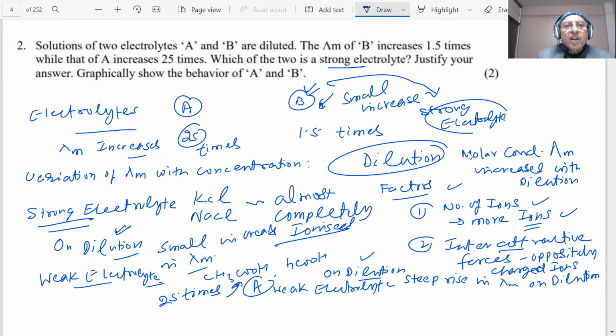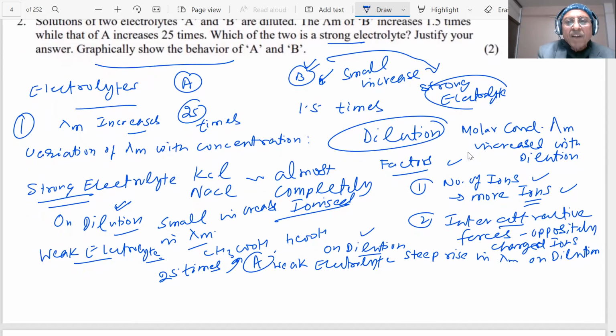Now this question carries 1 mark only, because he says justify your answer graphically. So now he wants a graph, student. So you already know, student, how you draw the graphs. I have taken more space, but anyway I am going to show. You have seen, student, the graph of molar conductivity versus the square root of the concentration.